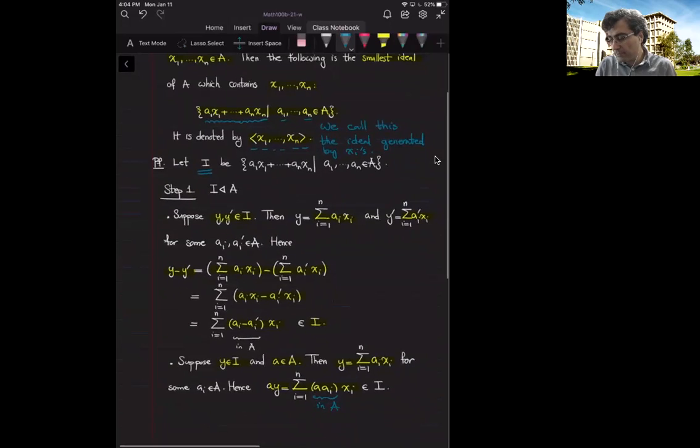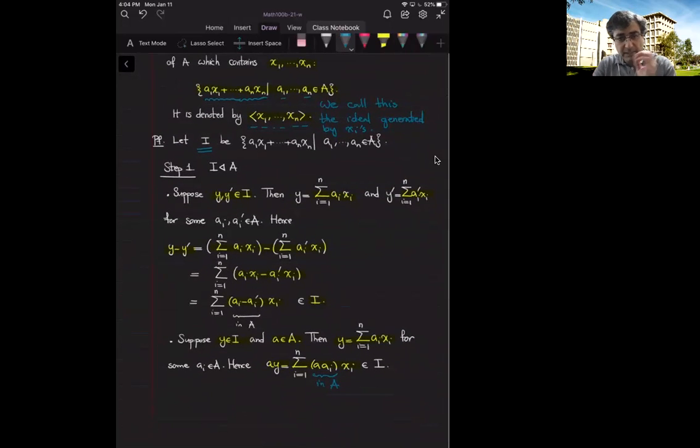So let's start with the first step. We pick y and y prime inside I. That means both of them are A-linear combinations of the x sub i's. That means y is the sum of a sub i x sub i, and y prime is the sum of a sub i prime x sub i, for some coefficients that belong to this ring. And then when we look at y minus y prime, because from the additive point of view it's an abelian group, I can bring the similar terms close to each other.